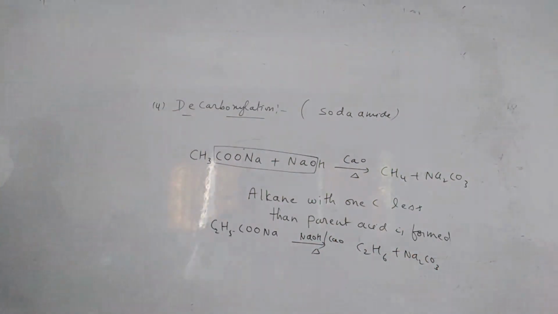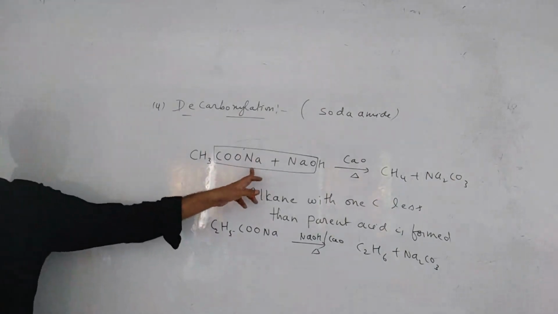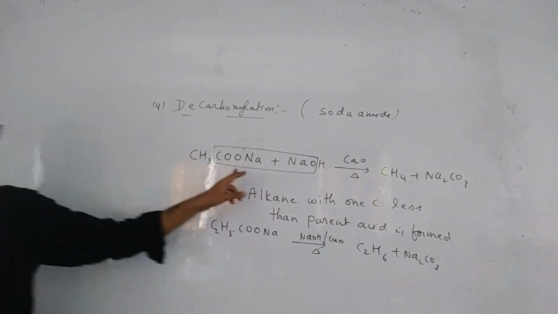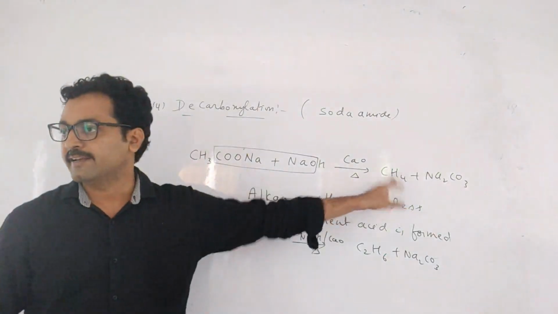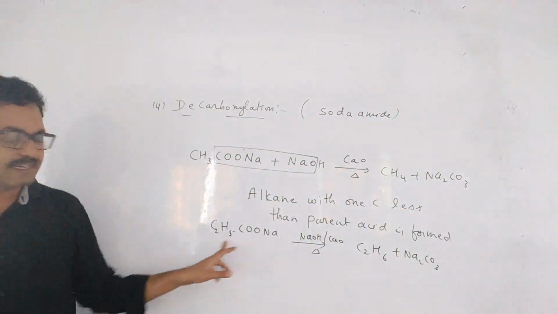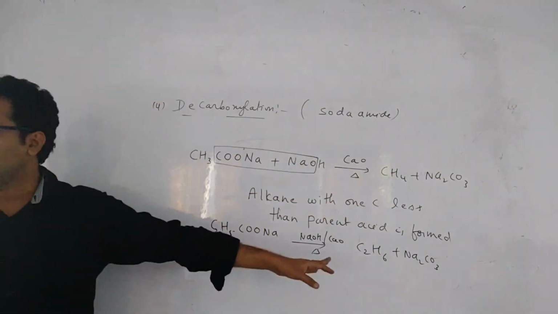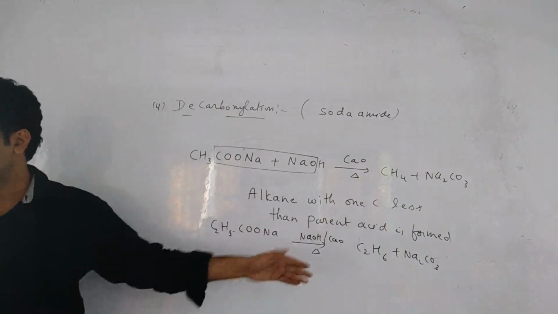Are you understanding? Here sodium acetate I have taken, a 2 carbon acid, and I got a 1 carbon alkane. Here I have taken a 3 carbon acid, sodium propanoate. Then what is the product formed? Ethane. 1 carbon less, no?